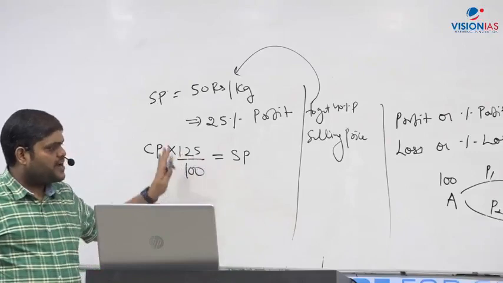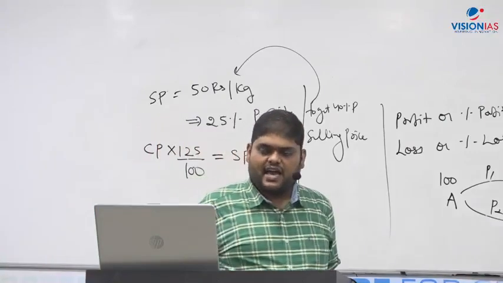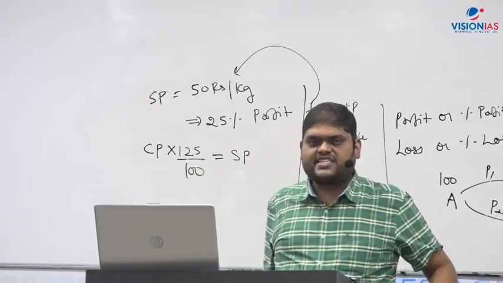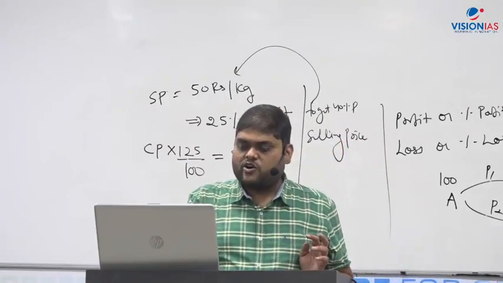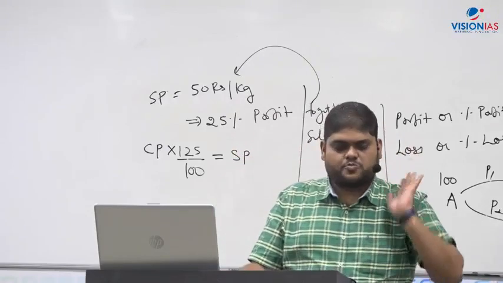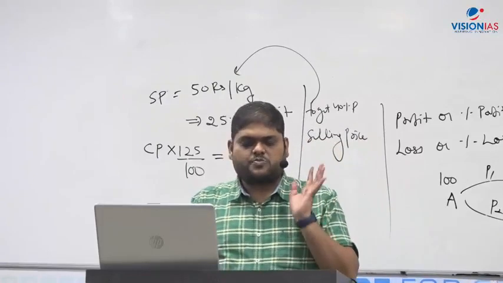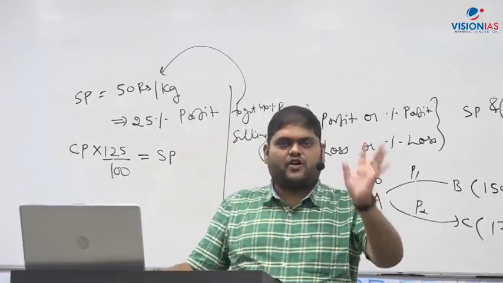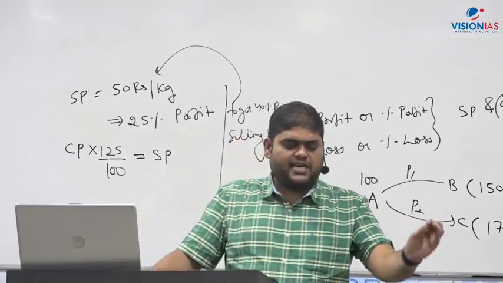So when 25% profit, okay, suppose tomorrow I say, after selling any object, I am getting 40% profit. The first thing which comes to your mind is, there is a 40% increment on cost price. If I say there is a profit of 10%, that means cost price is increased by 10%.